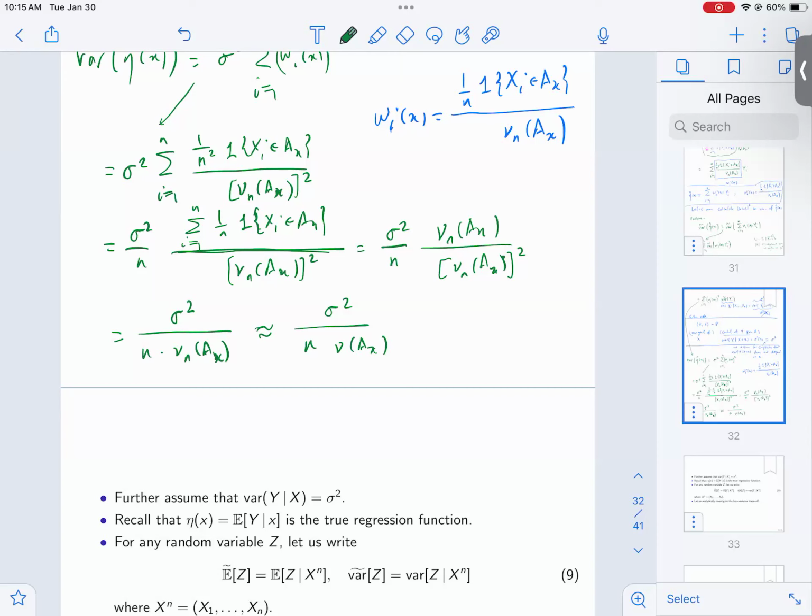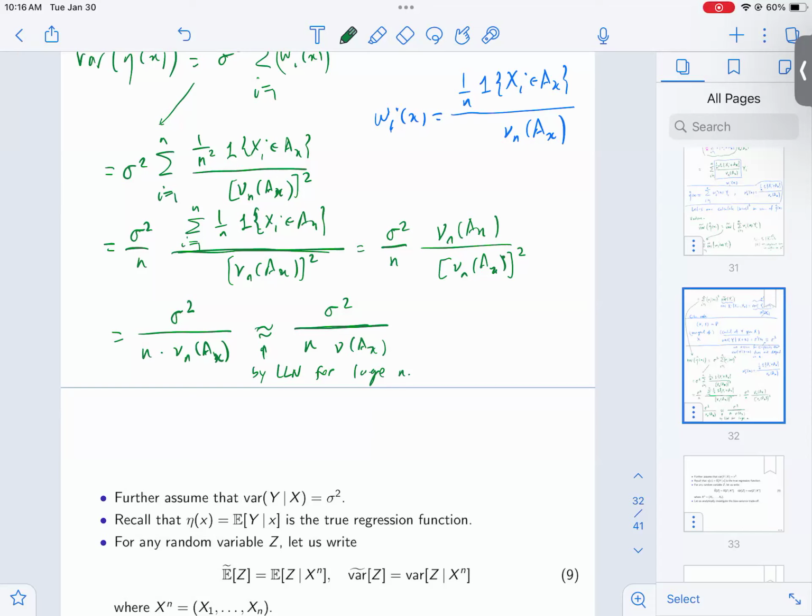We can make it precise if you know the notation, like convergence in probability, but this is good enough for us. So for very large n, this nu_n converges to nu of A_x, so I'm just going to place it there.